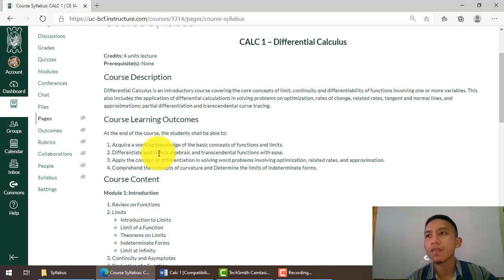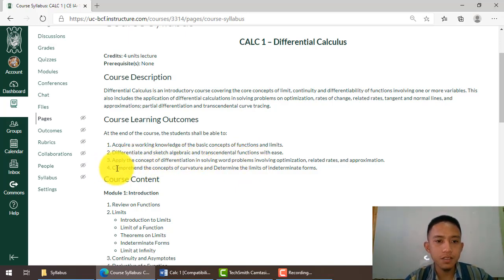But the approach in analytic geometry is by investigating the parameters of the equations, or by getting points from the equation, plotting them, and tracing the curve. But in calculus, we will be applying differential calculus to draw your functions or your curves.